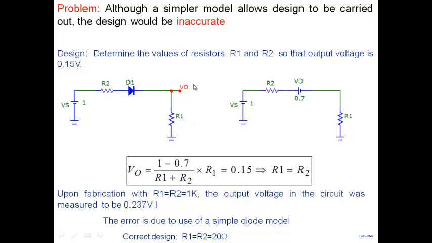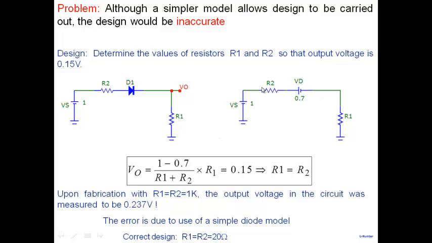You want 0.15. What will you do? You want to decrease this value from 0.237 to 0.15. Maybe make R1 less? Because now a simple model has allowed you to understand, so you know how to tinker with the circuit, how to tune the circuit.